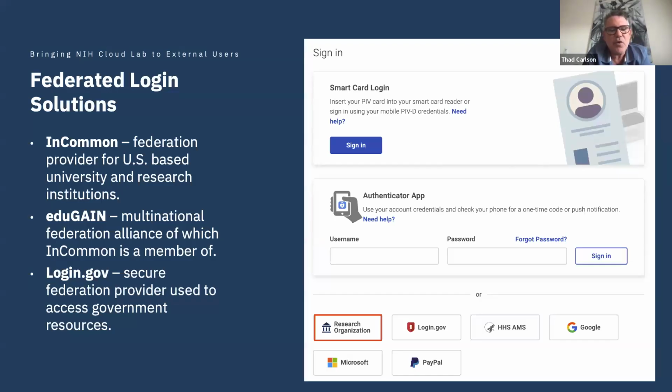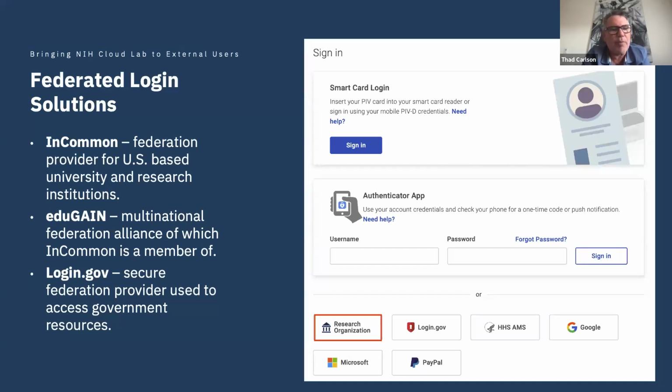Yeah, so basically NIH, the vast majority of the research funding goes to external research organizations. So Cloud Lab's mission really needed to include these extramural users and researchers. So it was really important that we were able to create a solution so that we could federate users into our environment and give them access to these secure, cost-controlled Cloud Lab accounts.